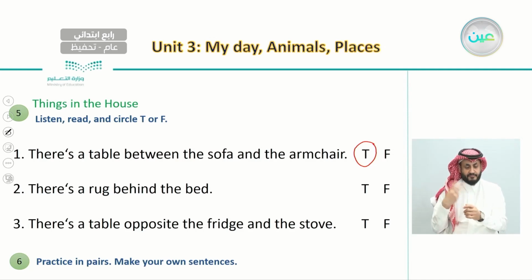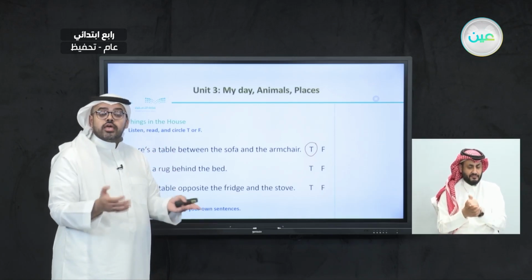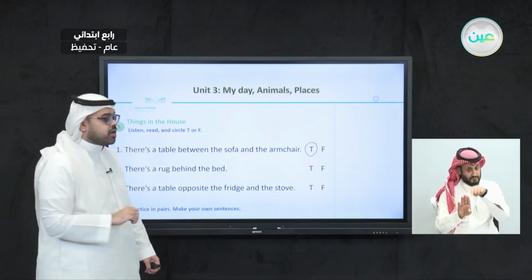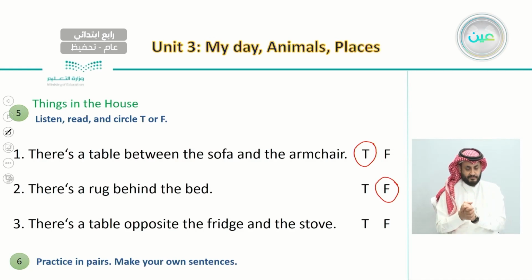Number 2, there is a rug behind the bed. So you can see a rug and you can see a bed. Can you tell that this rug is behind the bed or next to it? It is next to it, it's not behind. So here we say that this sentence is false. And number 3, there is a table opposite the fridge and the stove.